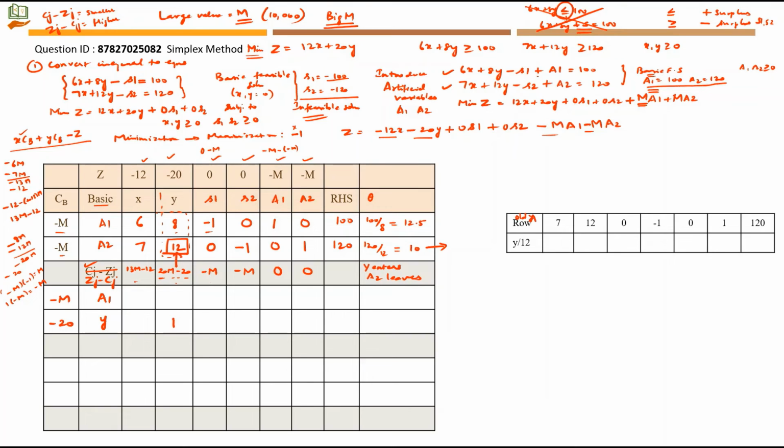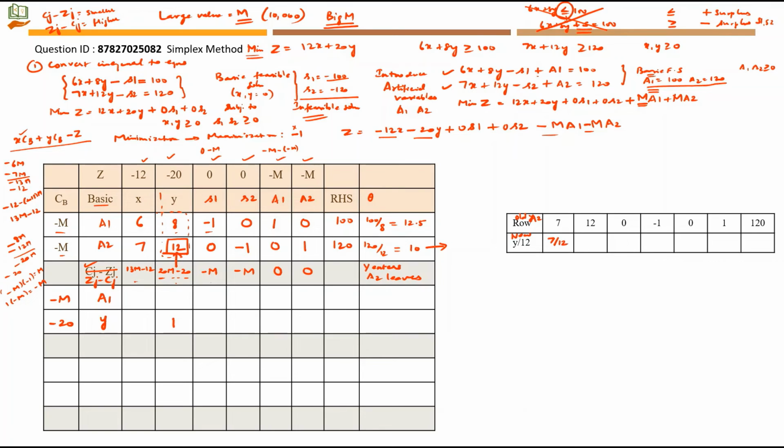This is the old A2 row I have taken: 7, 12, 0, minus 1, 0, 1, 120. Now I have to divide this particular row by 12. This is the new row that I am going to place.